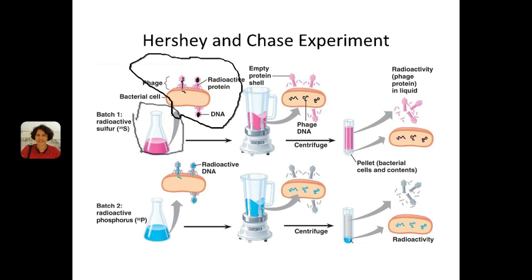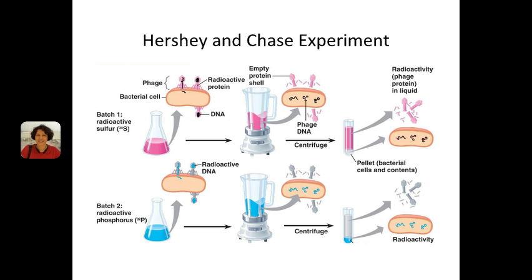So that we see here, the phages are sitting on the surface of the cell, and the protein is labeled. So the protein is pink. Then they put that whole culture through the blending process.